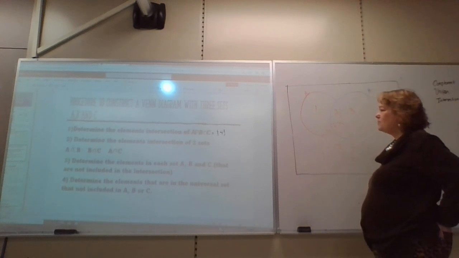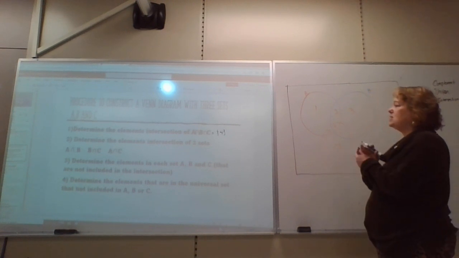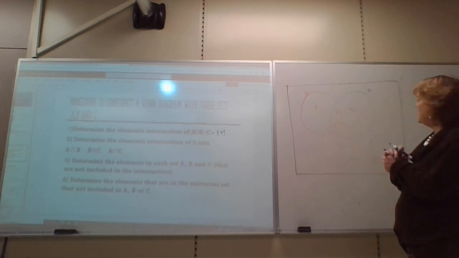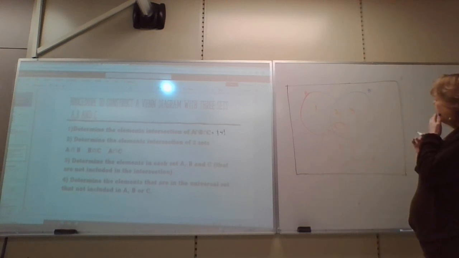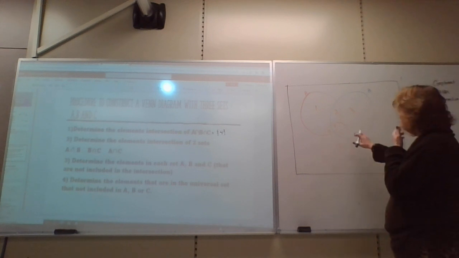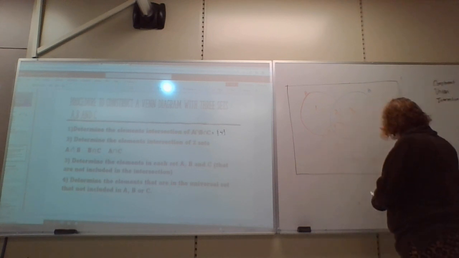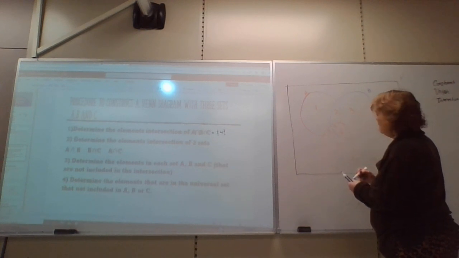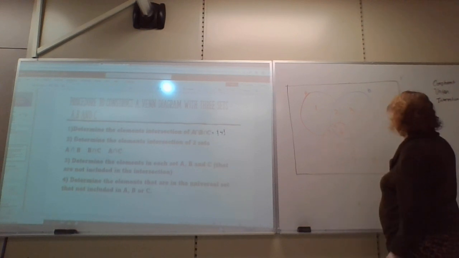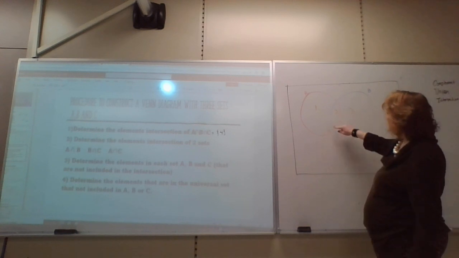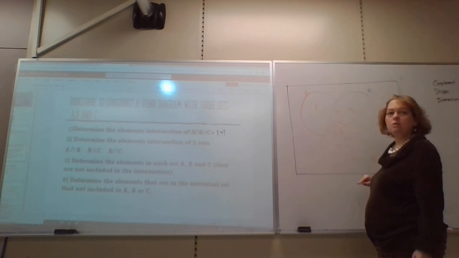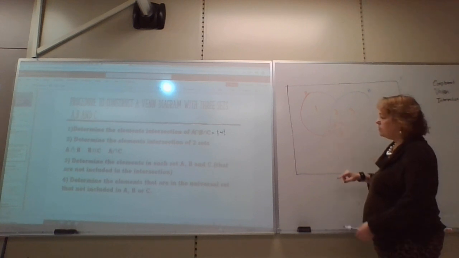Now we have to determine the elements of A intersect B. What number do you see? By the way, this is supposed to be a 6. I wiped it off. A intersect B is actually 2 and 4. It still includes C too, but it's 2 and 4.